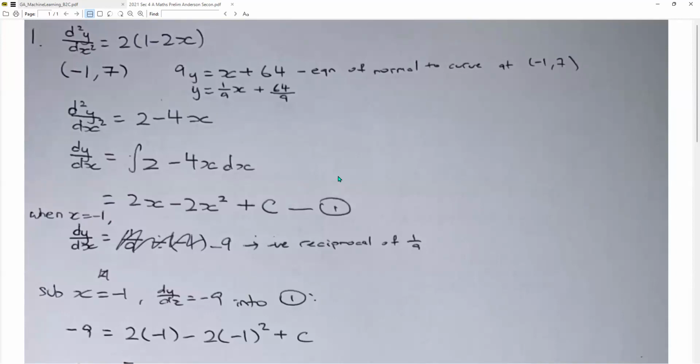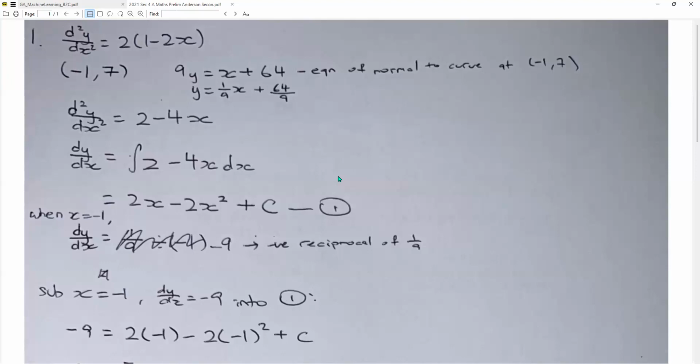That's very good. At a point -1,7, d2y by dx squared equals, multiply the 2 into the bracket, 2 minus 4x. Good. Integrate, you get 2x minus 2x squared plus c. Good. When x equals -1, let me think. The gradient of the normal is 1/9.